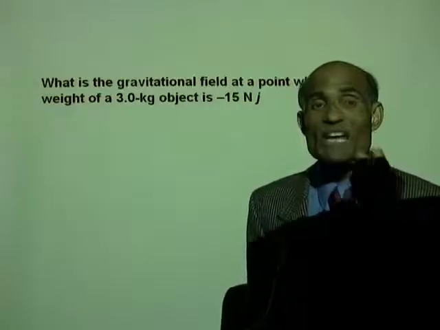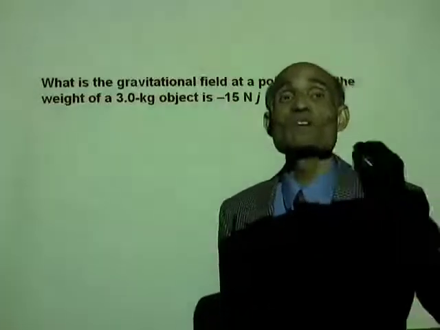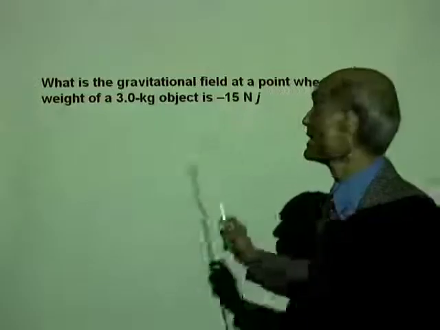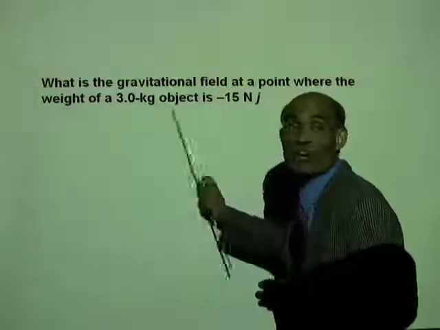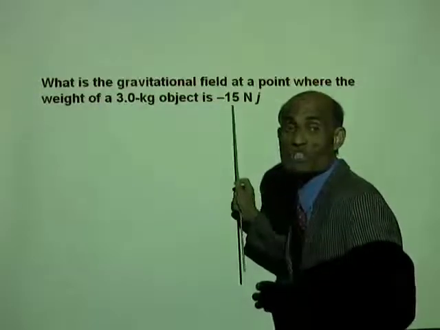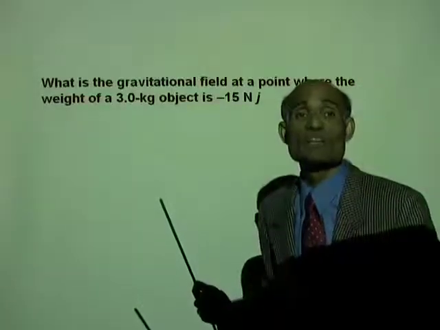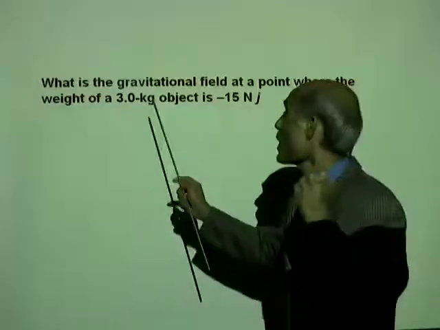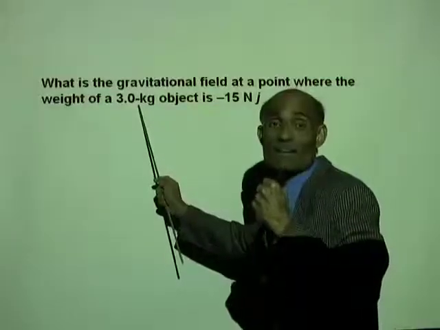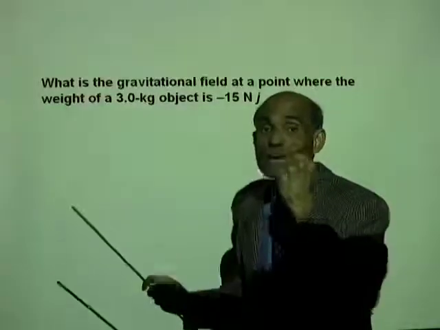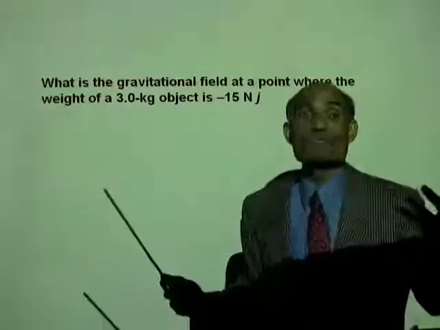Gravitational field is the force per unit mass. The weight of a 3 kilogram object being negative 15 Newton means that is the force on the 3 kilogram object there. Therefore, if you place 1 kilogram, what will be the force?